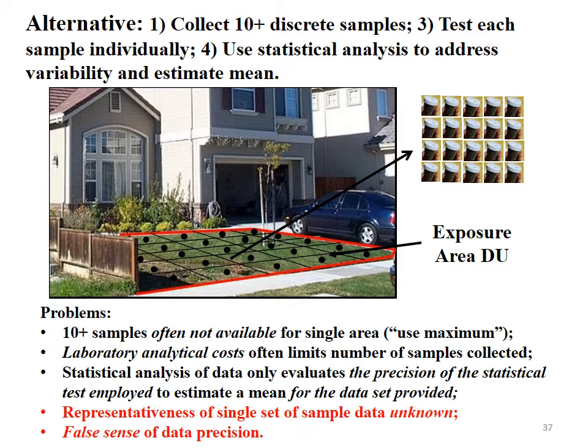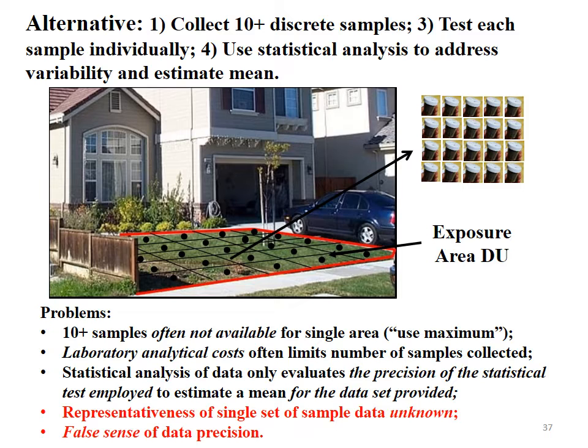Also, laboratory analytical costs often limit the number of samples collected. It's a true joke in the field: how many samples should I collect? You take your budget allotted for laboratory analysis, divide that by the cost of analysis, and there's the number of samples you collect. That's how we did things my first 10 years of my career. So again, there's no science behind that. It's just the way things were.